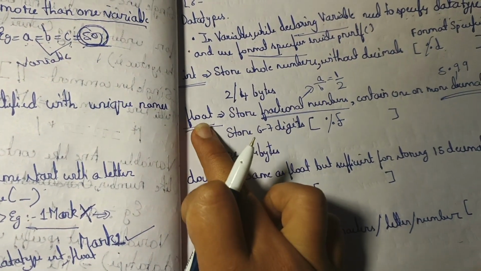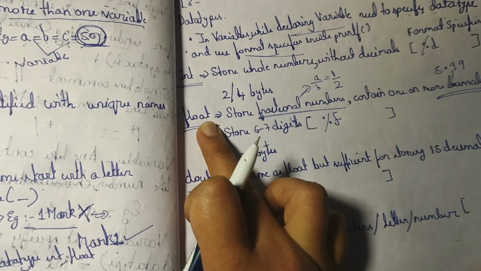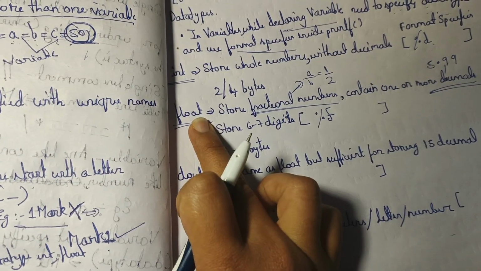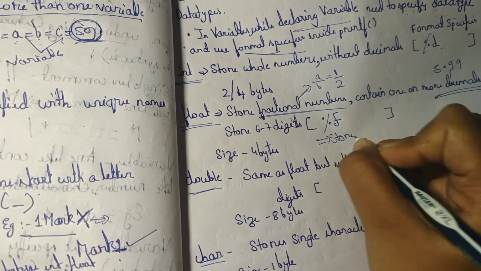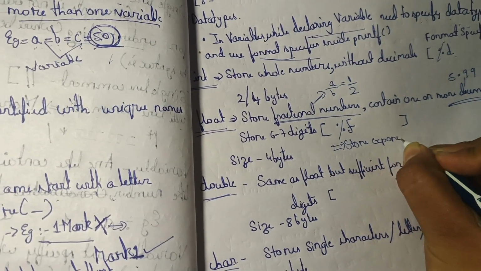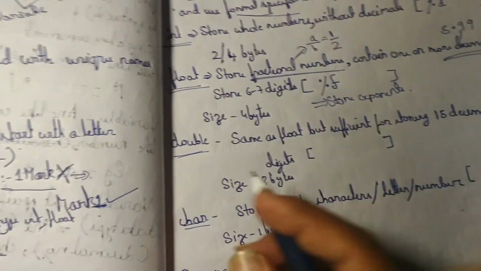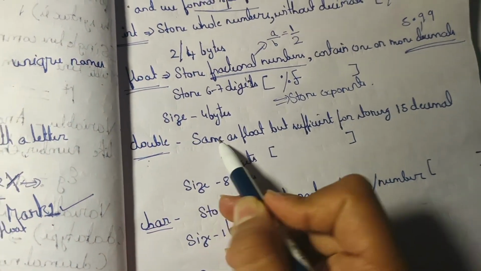Float can also store exponents. The next one is double. Double is the same as float.